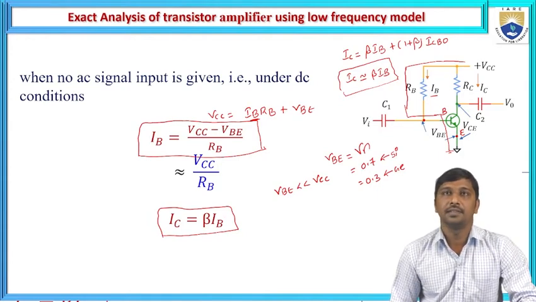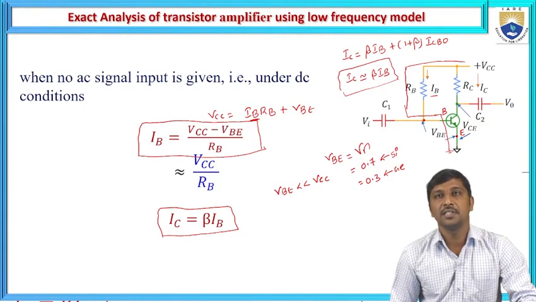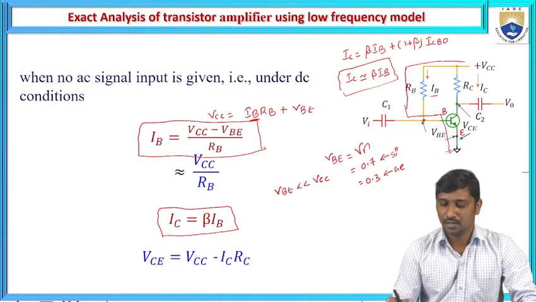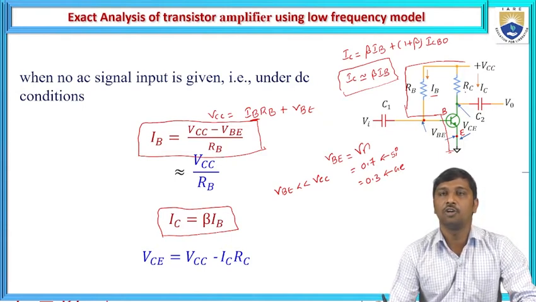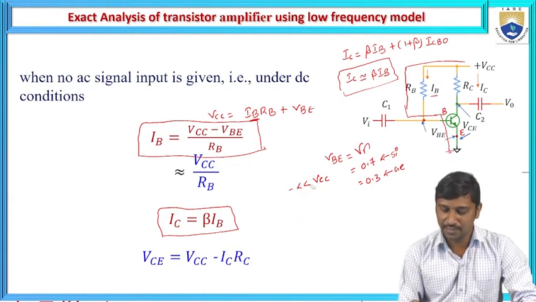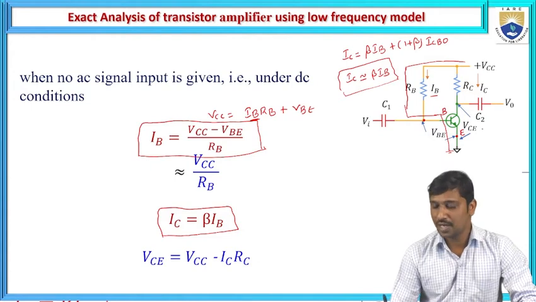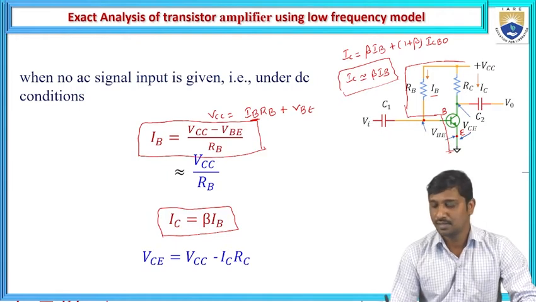Now, before considering the input signal passing through this network, we need to find out how much output voltage is present. To observe this output voltage, we need to find the voltage drop between collector and emitter, that is VCE.